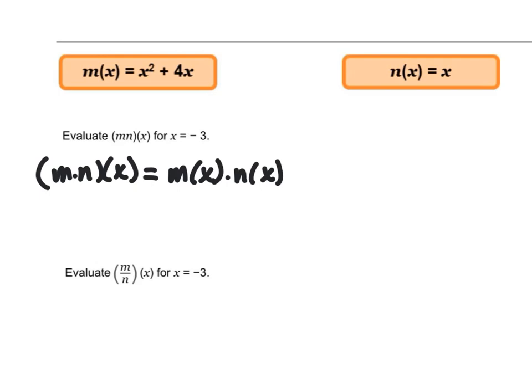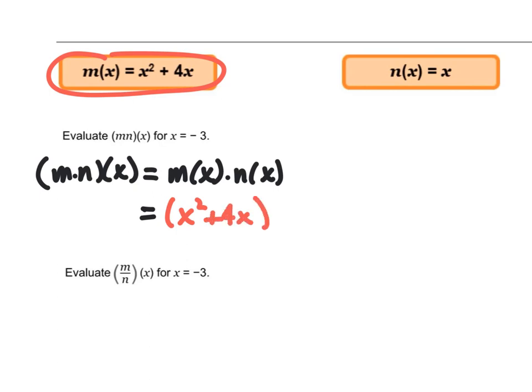Let's go ahead and do that. m of x is x squared plus 4x, so I'm going to do the quantity x squared plus 4x, and then multiply that by n of x, which is just x.